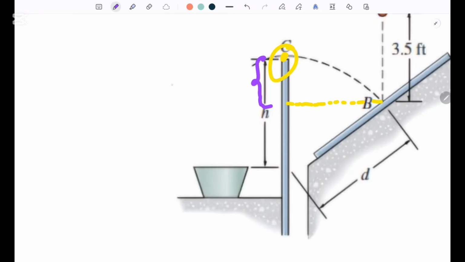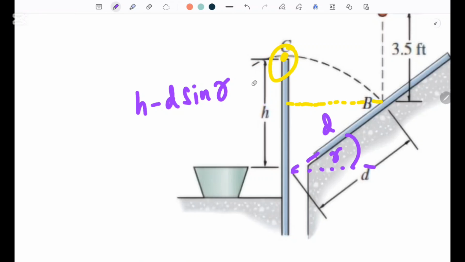So it's going to be H minus D sine gamma. If this is gamma and that's D, then H minus D sine gamma gives you, we'll call it Y.